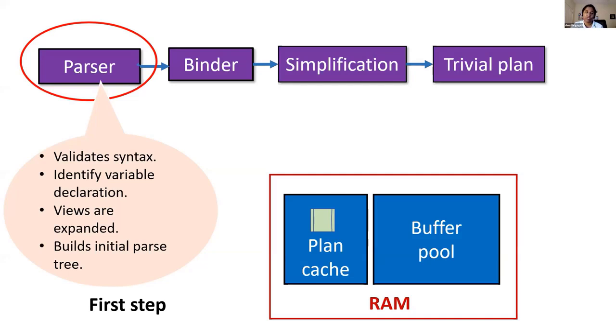And at this parser stage, the variables are checked, like whether you declared the correct variable or not in the where clause. Those kinds of things are checked at the parser component. And views are expanded here. The code behind the view will be gathered and put inline in the query we are submitting.